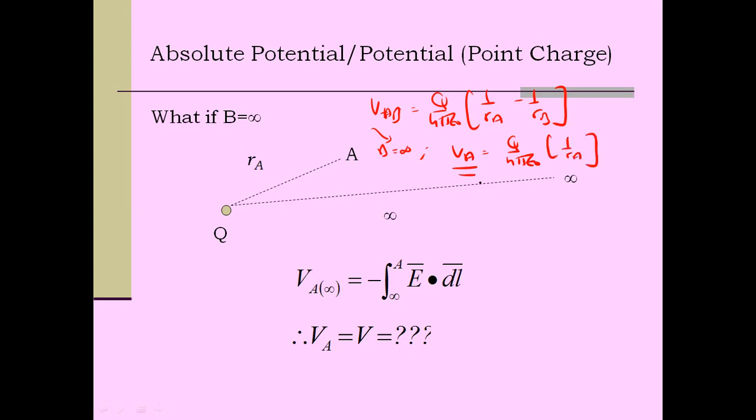This is defined to be the potential or absolute potential at point A. That's what we have defined earlier.